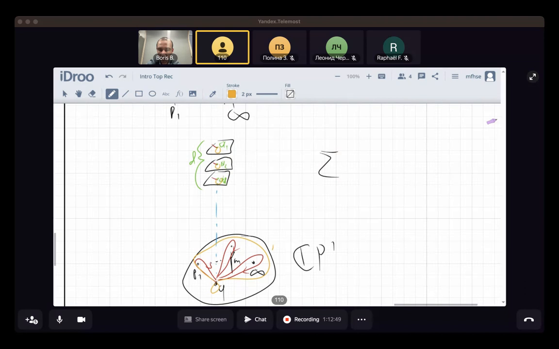we need to go back to our example here, this one. And let's see what happens upstairs. So let me draw it. So here is our CP1, it's 0. And we consider some point, let's say 1. And we go along, we go like this.